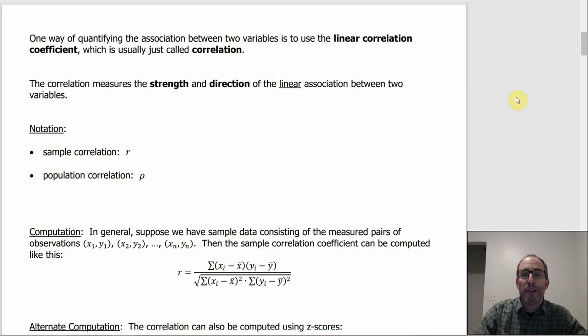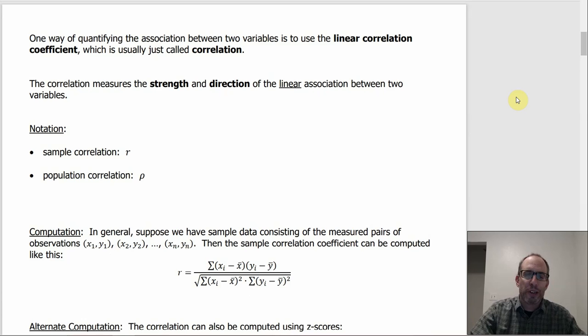It measures the direction, which you could argue that if you have the scatter plot, you don't really need. You could probably just eyeball the scatter plot and figure out if it's a positive or negative association. And that's true. But if you had the data set but not the scatter plot for some reason, then you could still figure out if you have a positive or negative association by computing the correlation.